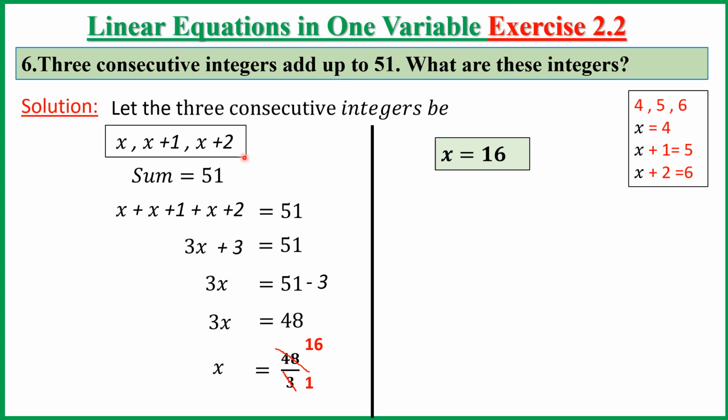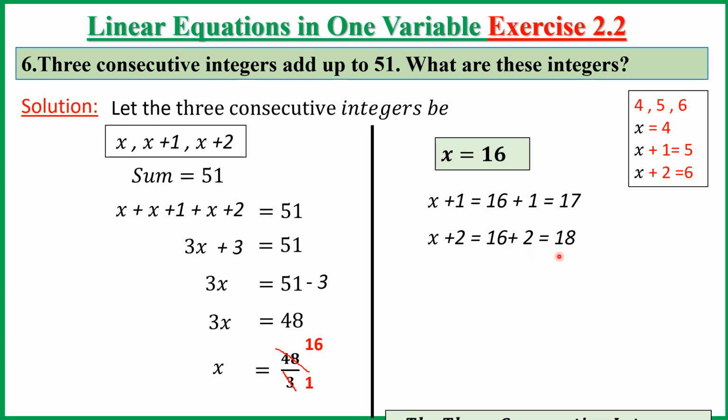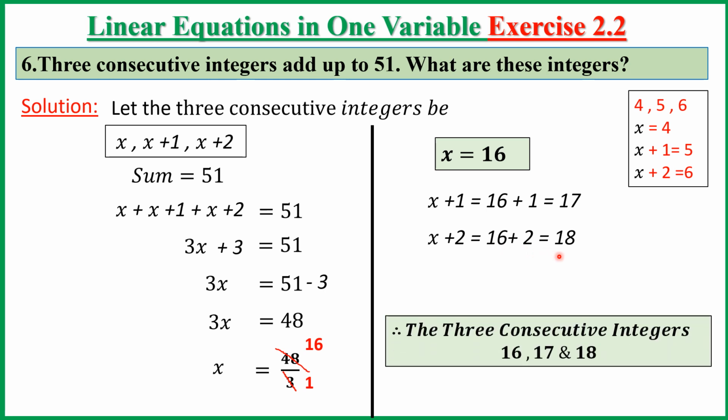So we have to substitute the value of x here and find the answer. So x plus 1 is equal to 16 plus 1 equals 17. So the next number is 17. Again for x plus 2 equals 16 plus 2, which is equal to 18. So therefore the 3 consecutive integers are 16, 17 and 18.